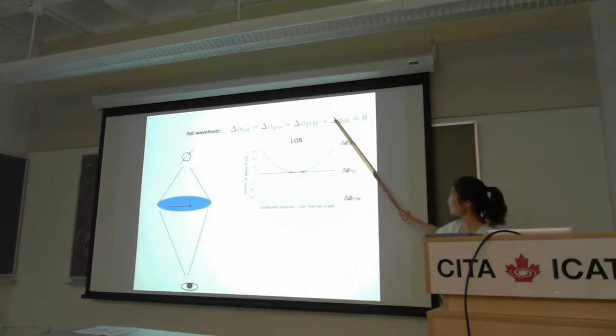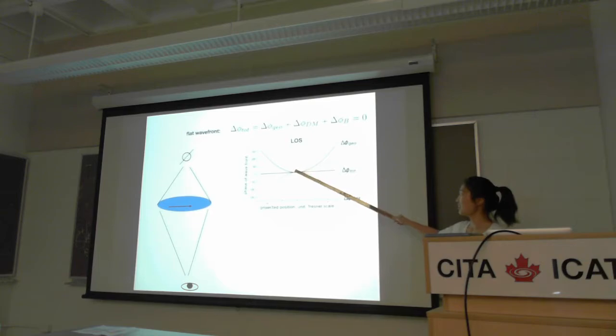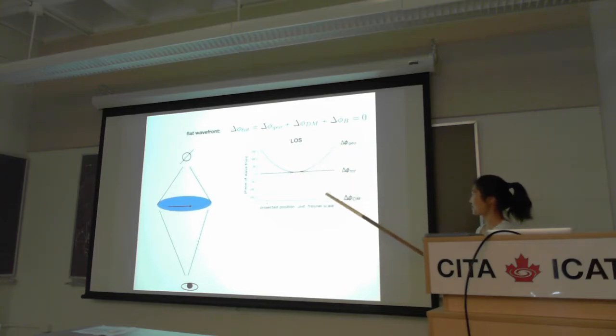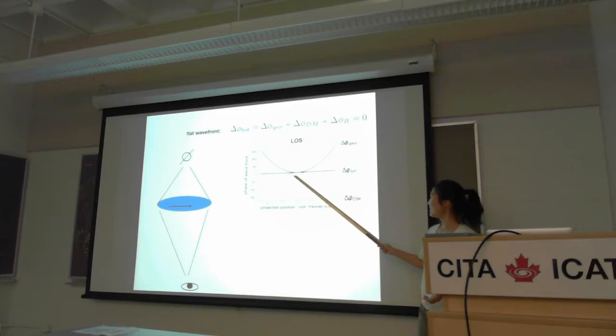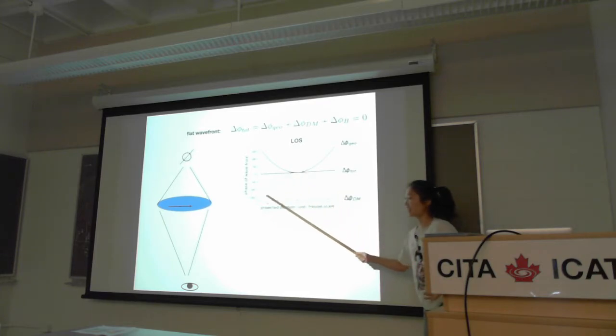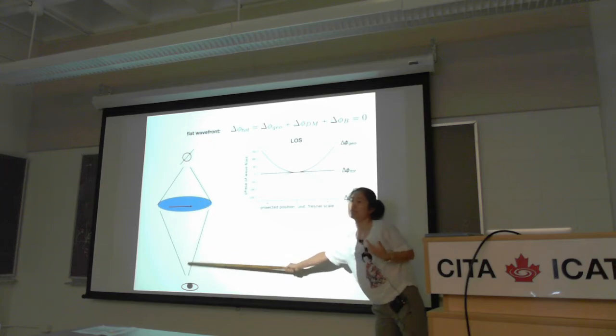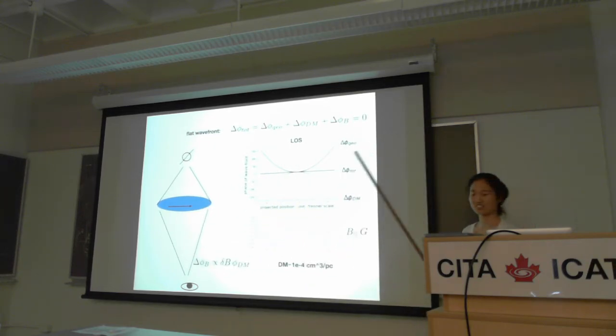If you ignore the magnetic field term, you have a geometric delay like this, because close to the line of sight it arrives first, so its phase is the smallest. And when it's highly magnified, the variance of the phase induced by DM is like that. So these two cancel out, and you get a flat wavefront that gives you a highly magnified event.